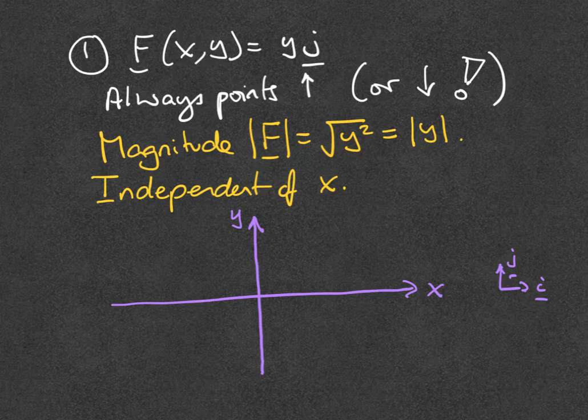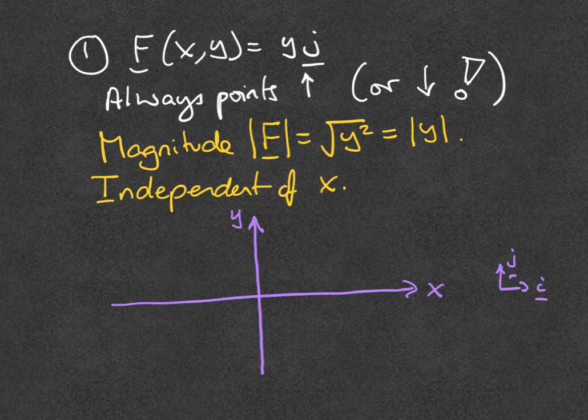So that means, if we think about it, that for a given line, let me just draw a line here with the help of the laser pointer. So I'm drawing a line here parallel to the x-axis and above. Along this line, the arrows will have exactly the same size and they will all point upwards.